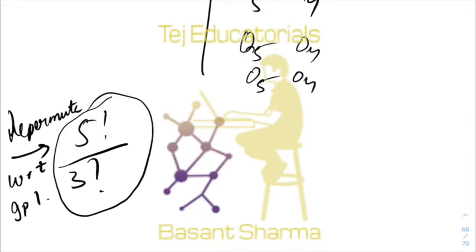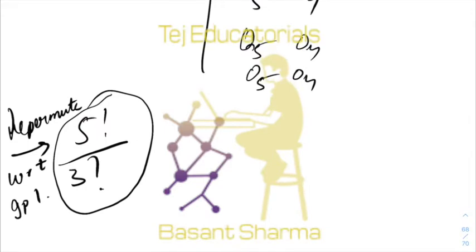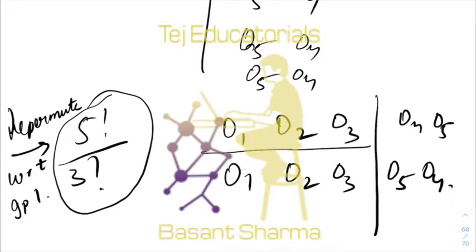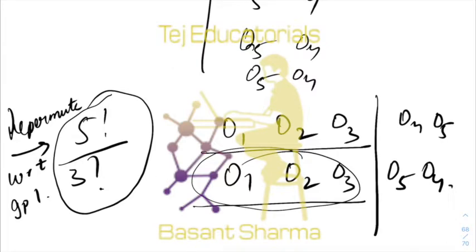But now, corresponding to every arrangement, let's suppose you take one arrangement. You could have this one also, keeping this fixed. You could have this also, right? So see, once you have depermuted group 1, then you just take one representative, that is O1 O2 O3. You don't have to take any other arrangement of this because we have already depermuted here.